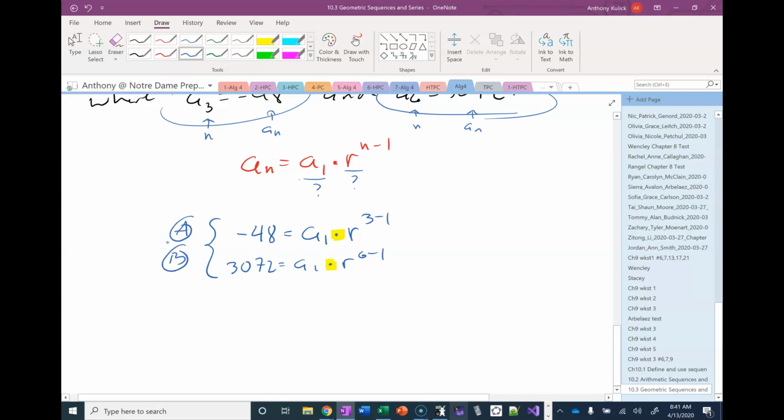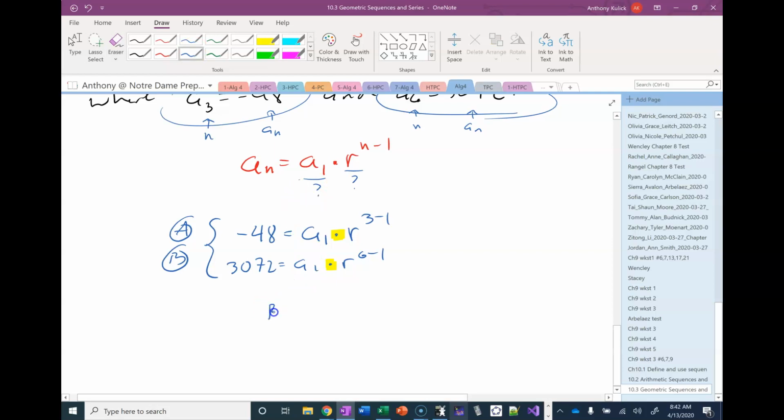So in an elimination situation where my variables are being multiplied, instead of adding and subtracting the equations, I'm going to really just be multiplying or dividing these equations. And I notice right away if I take one of these equations and divide it by the other, that the a1s will cancel out. So that's what I'm going to do.